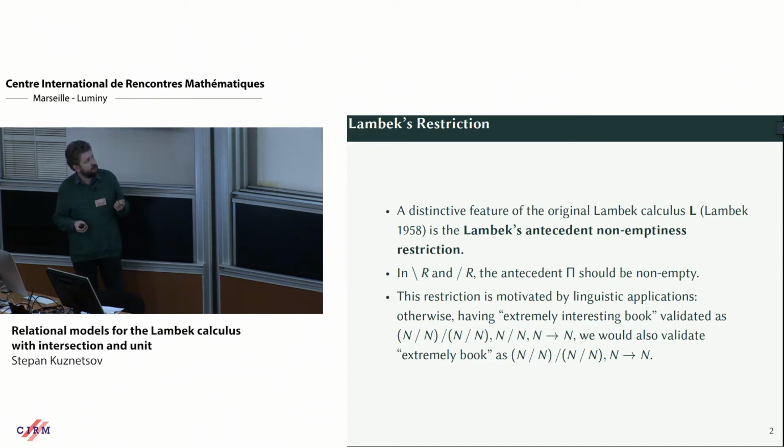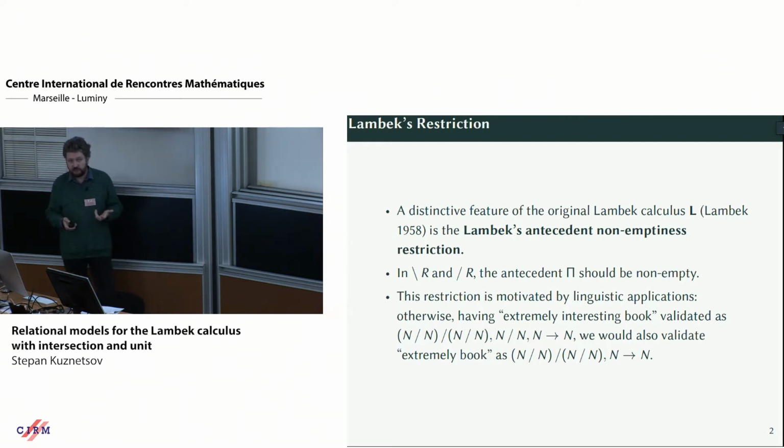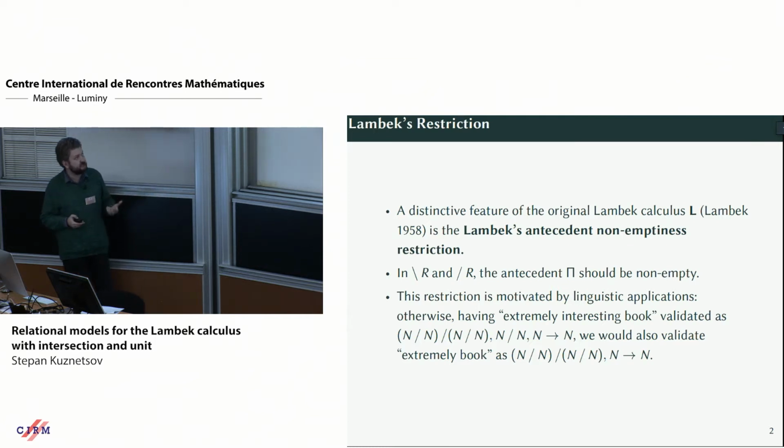But also, if you allow the antecedents to be empty, you will validate the second sequent, which corresponds to extremely book, which is ungrammatical. So this means that in, say, natural languages, empty syntactic constructions should be banned, even if they receive some sort of valid type like n over n.